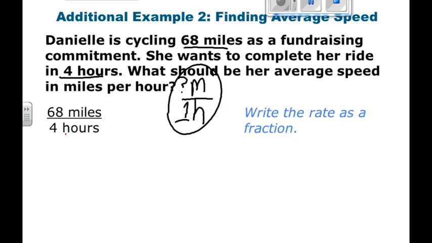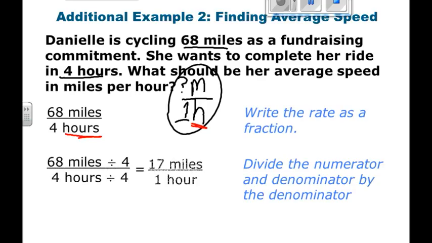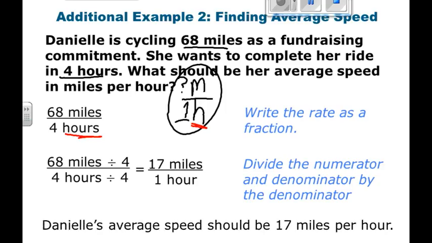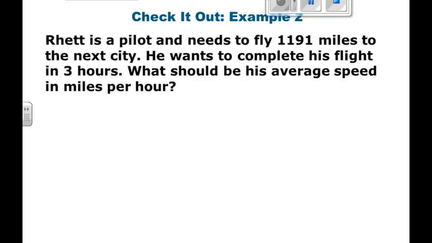We're going to put the 4 hours on bottom and the 68 miles in the numerator. In order to get that 4 to a 1, we have to divide by 4. So we're going to divide the numerator and the denominator by 4, and we get 17 miles per 1 hour. So Danielle's average speed should be 17 miles per hour if she wants to finish in 4 hours.